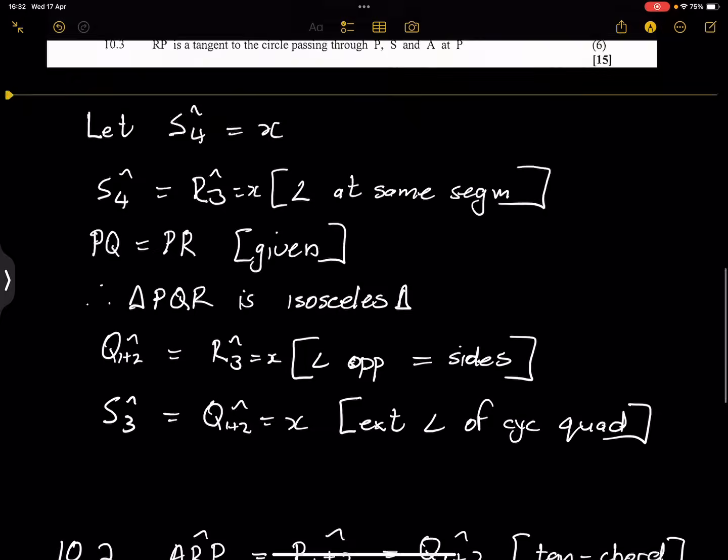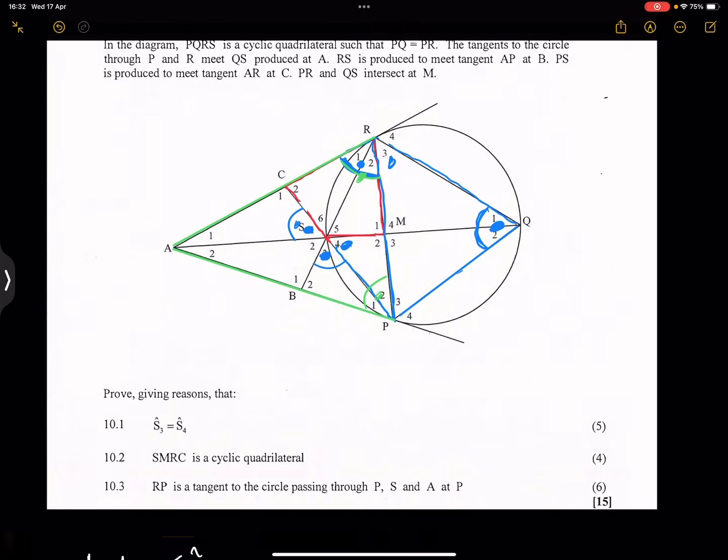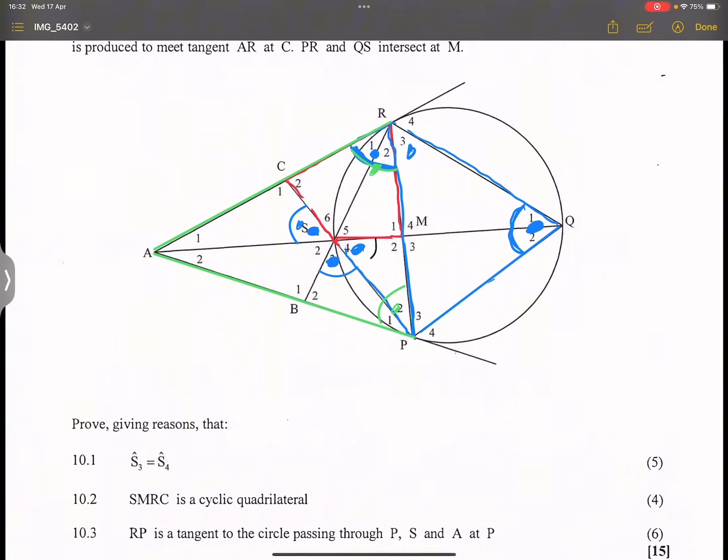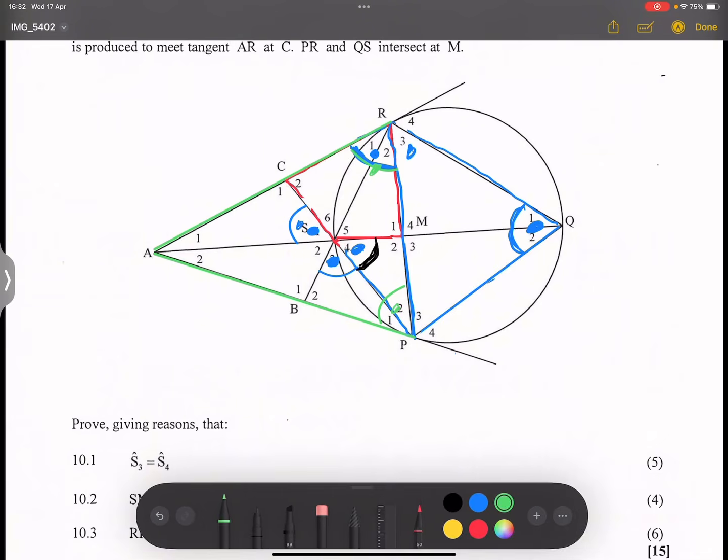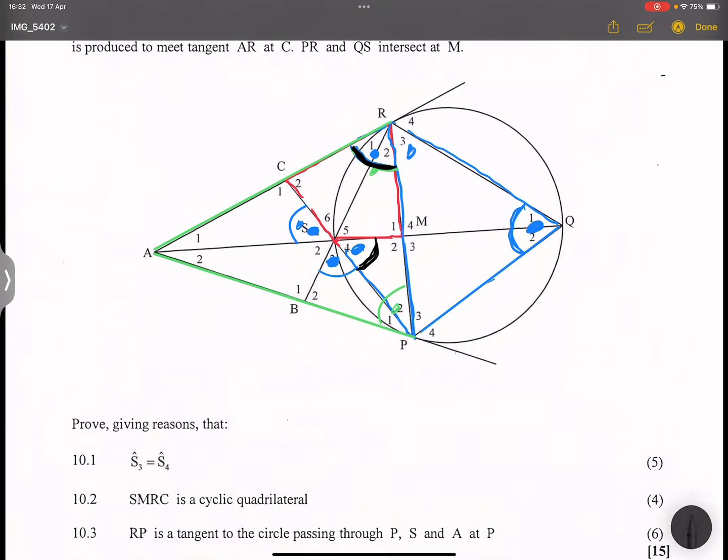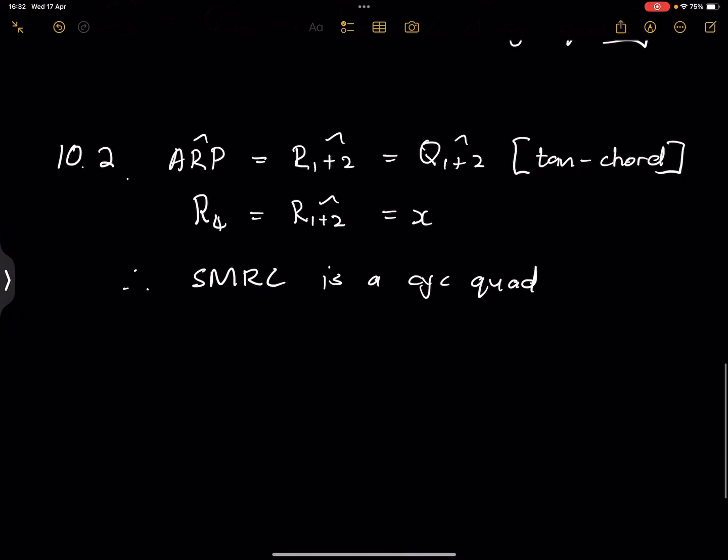But now why is it a cyclic quad? Because of the converse. We are applying the fact that the exterior angle of a cyclic quad is equal to the opposite interior angle. So the converse of the exterior angle of a cyclic quad.